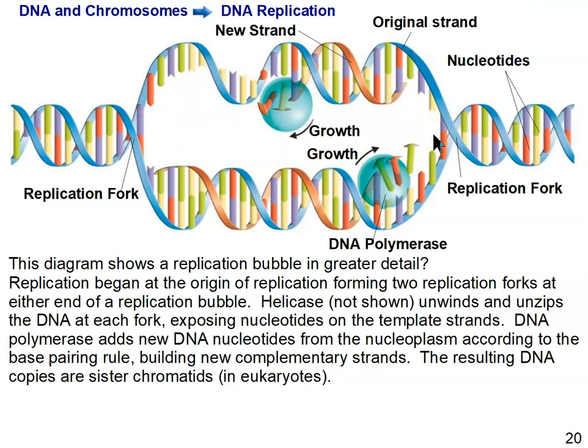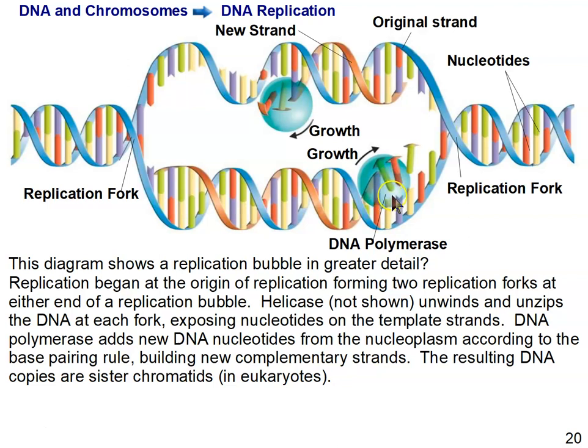Again, it's called helicase. But then DNA polymerase, which is the big player in DNA replication, and so these blue spheres are representing that. You see that DNA polymerase is adding new nucleotides to the old nucleotides on the old strand. So the old strands here are being shown in dark blue, and the new strands are being shown in red. So again, during DNA replication, new strands are built on the old strands, according to the base pairing rule, A with T, G with C, right?